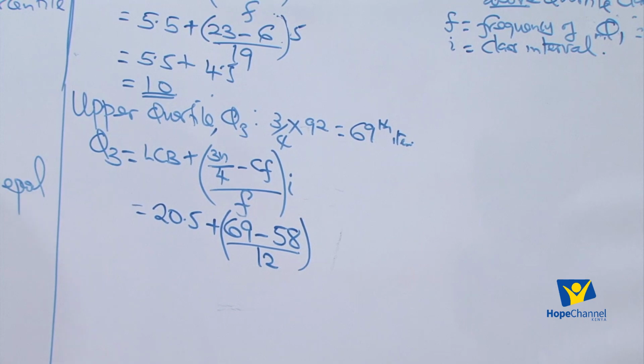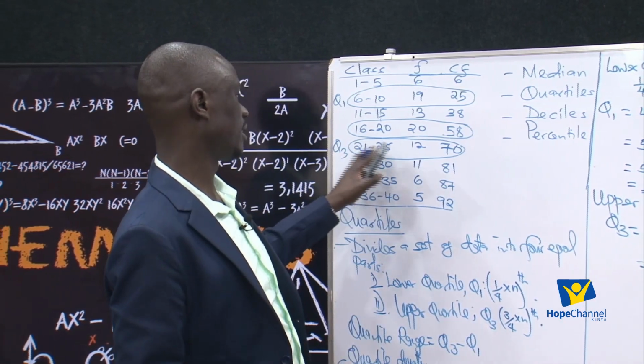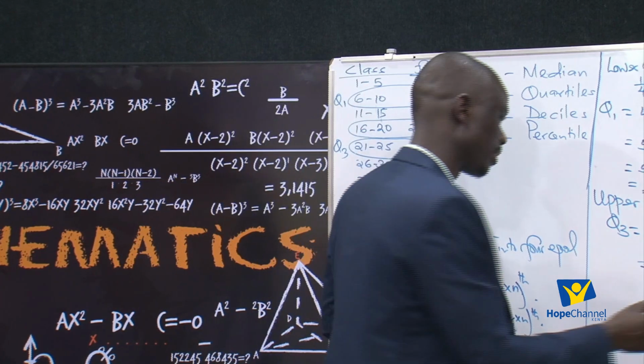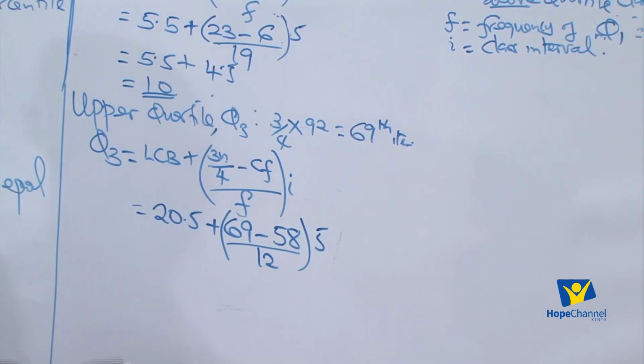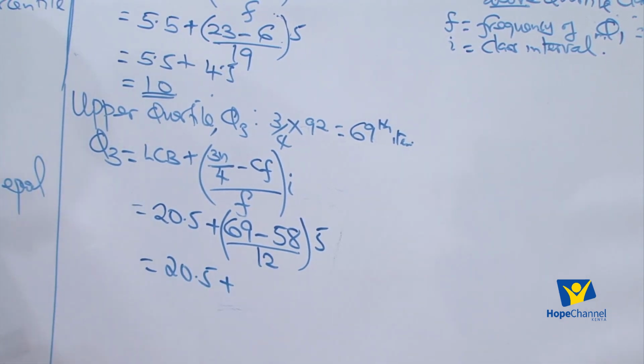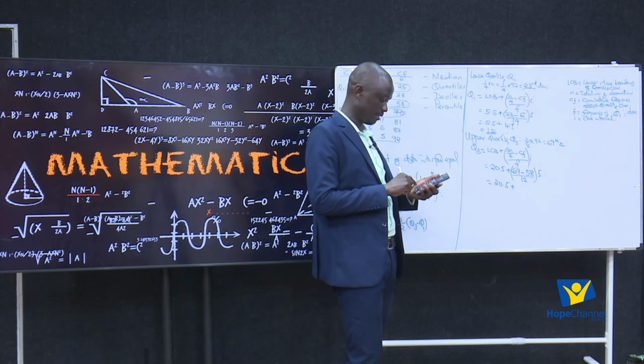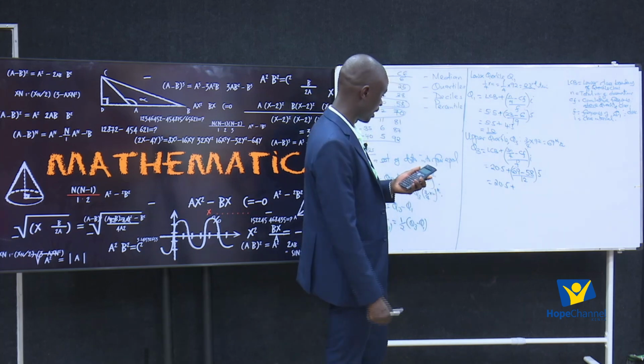Then everything is multiplied by the class interval. The class interval between 20 and 25 is still 5. So our work is just to work this one out. 69 minus 58 is 11. 11 divided by 12 is 0.91.